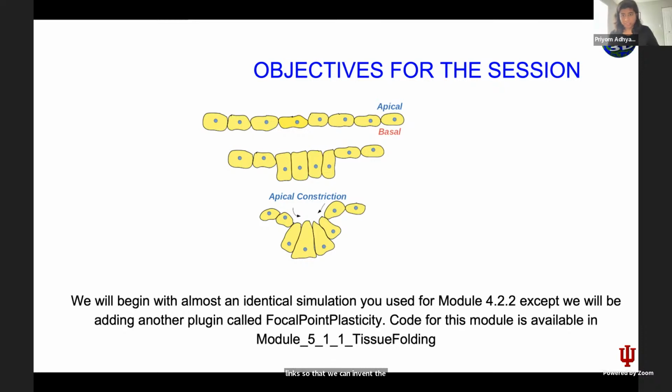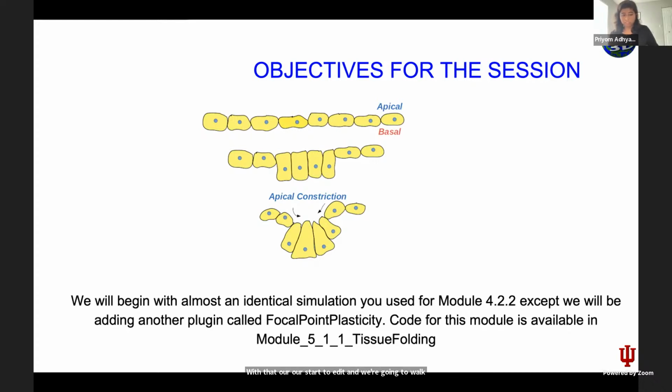The starting simulation should be marked module 5_1_1 tissue folding. Feel free to download it and move along with that, or start to edit, and we're going to walk through these steps again.